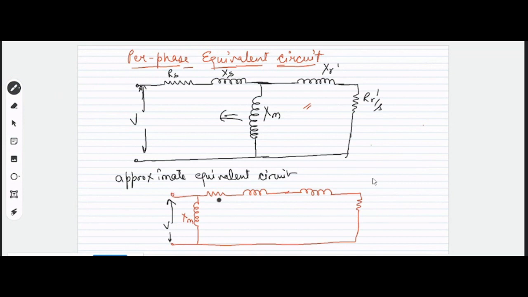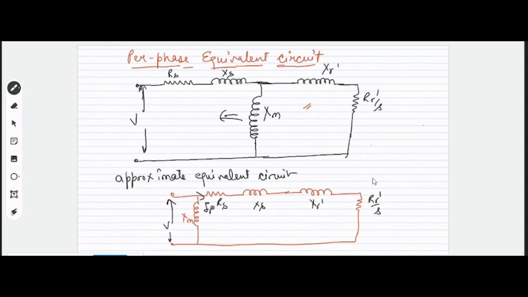This is RS, this is XS, meaning the stator resistance and stator reactance. This is rotor reactance referred to stator side. This is rotor resistance referred to stator side.